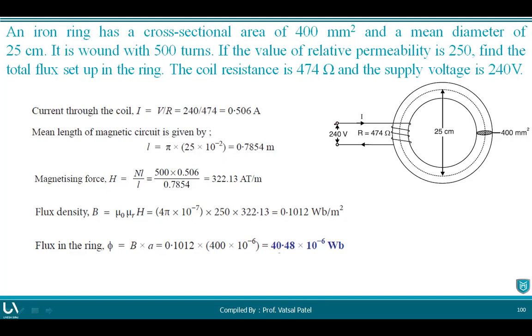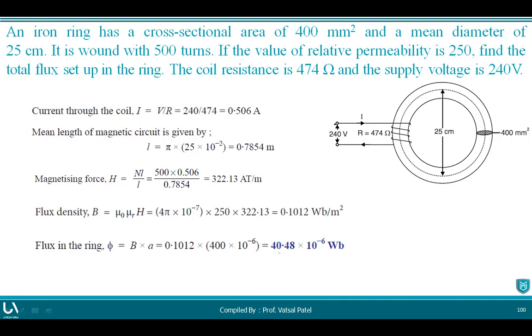Now you have the mean diameter. So the mean length of this magnetic circuit will be equal to pi multiplied by the mean diameter of the core. So the mean length of the magnetic circuit is pi into the mean diameter, which is 25 centimeter, but that will be converted into meter.